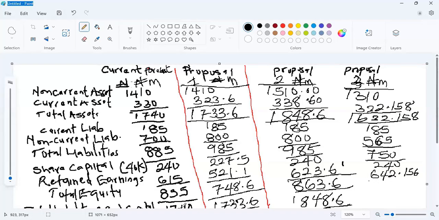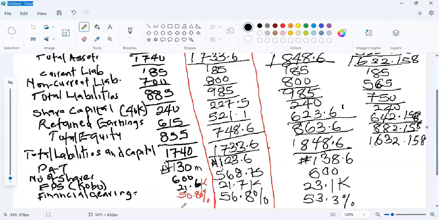Total equity, please sum up: 882.158. This should be 8, not 6. Therefore, total liability and capital is 1632.158. This must balance. Yes, sir.